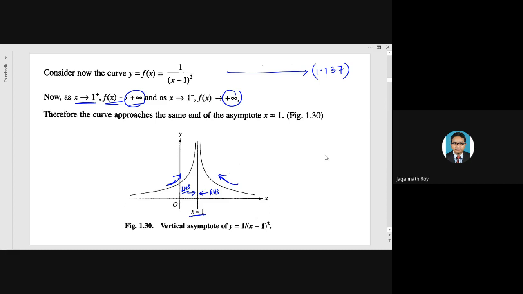So why are these asymptotes important? To study the characteristics of a curve.